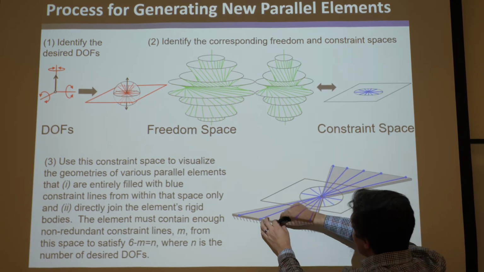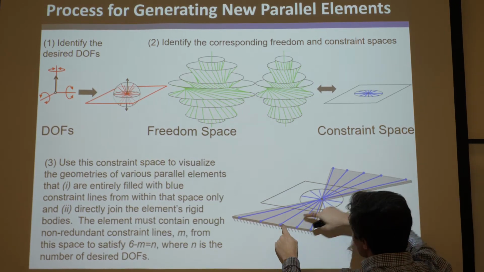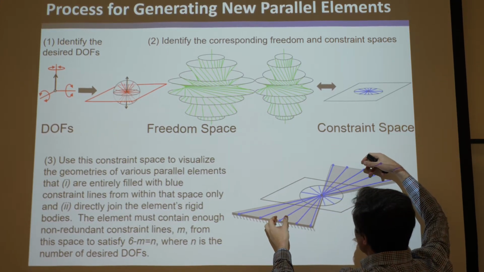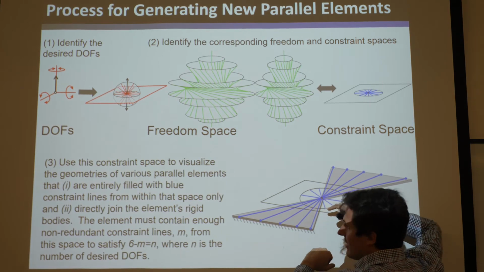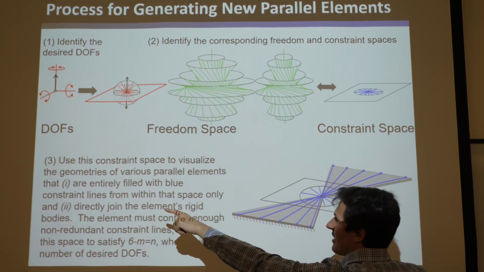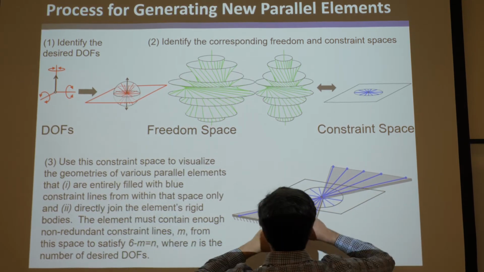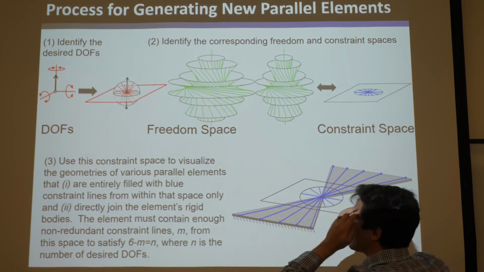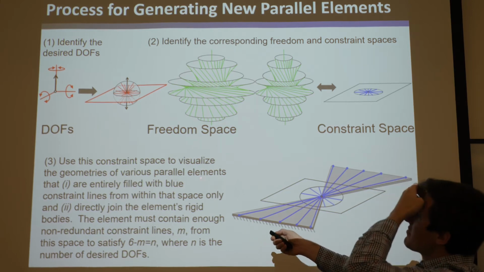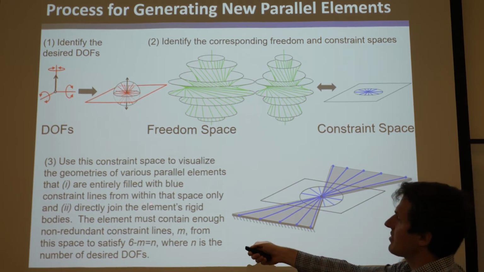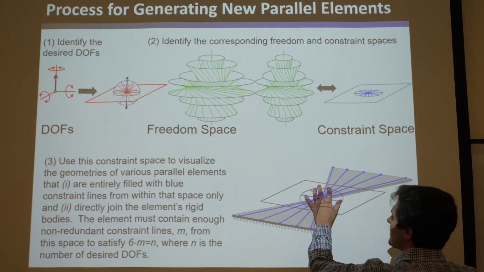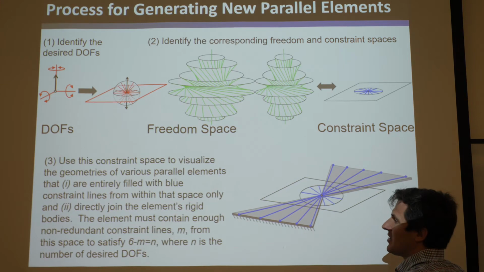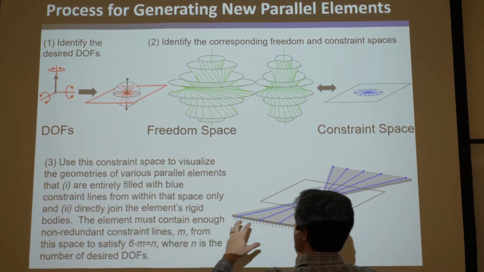Well, couldn't we have just picked a wire within this disk, say a single wire from there to there? That would lie within this constraint space, right? It would have a blue line that entirely fills the wire, and it would directly join the element's rigid bodies together.